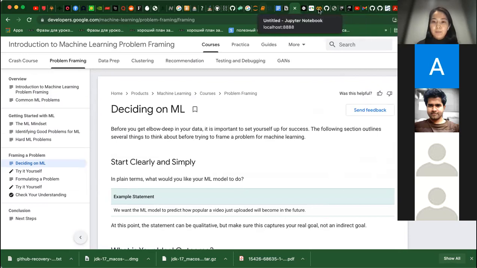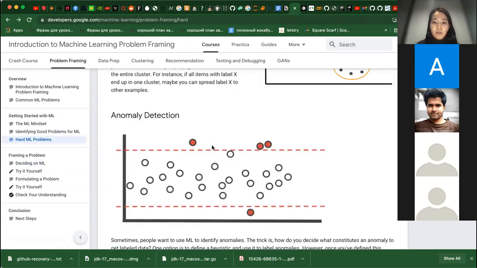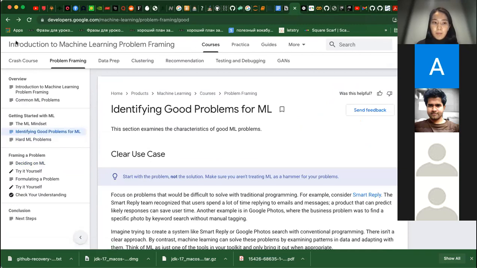No suggestion? Okay. I just wanted to say that this was one of the prerequisites to start the crash course, and the other two are the NumPy tutorial and the Pandas tutorial.